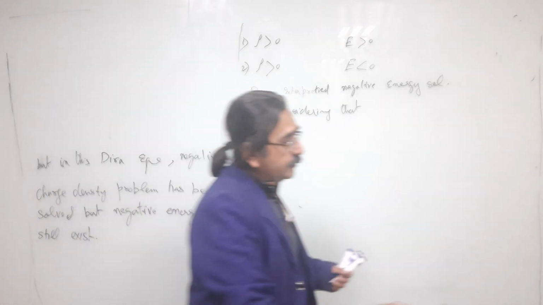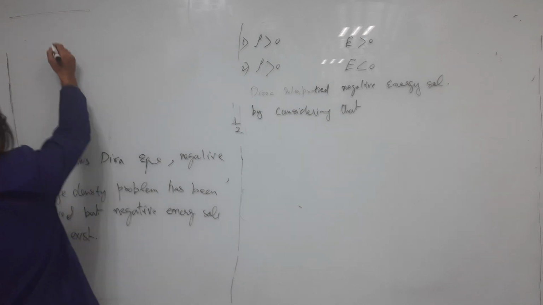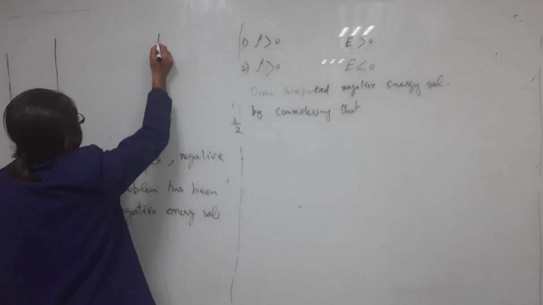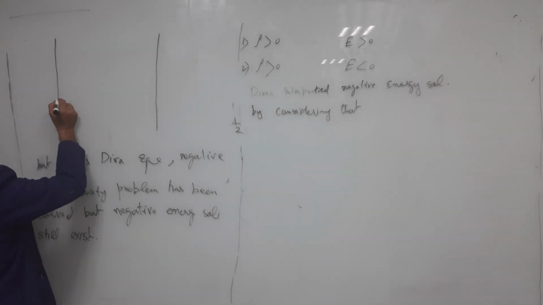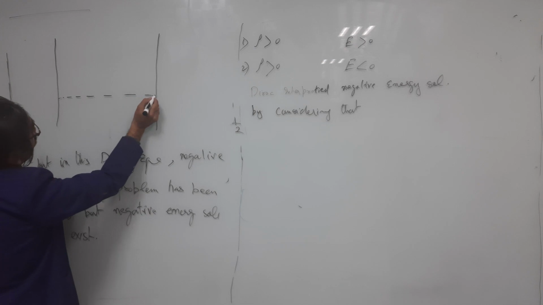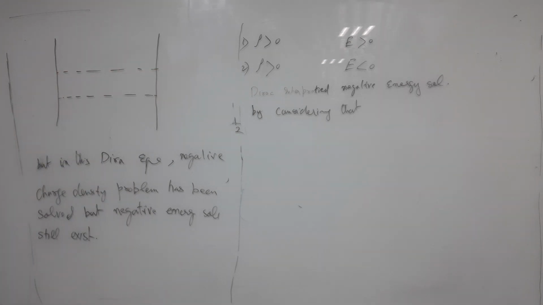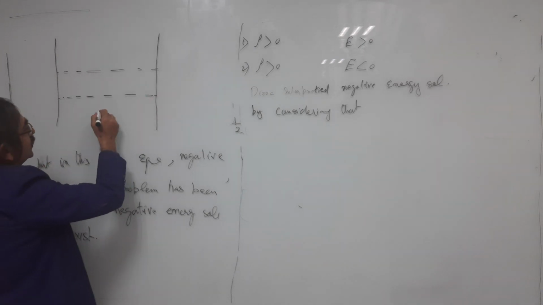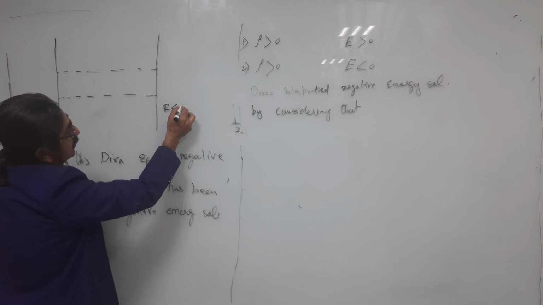What Dirac has done, Dirac said that there are two solutions. This solution is E less than 0.